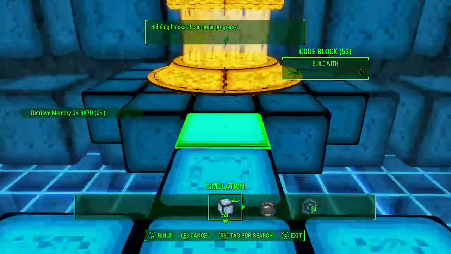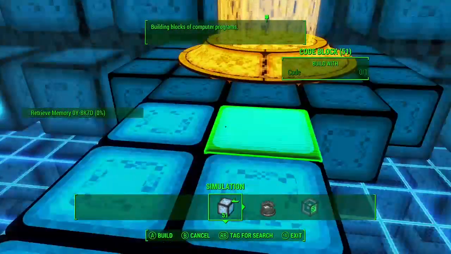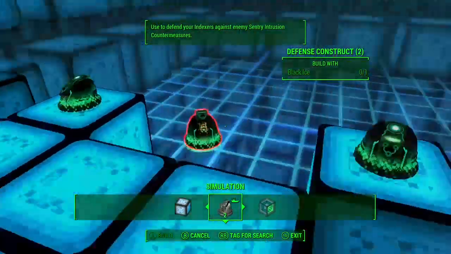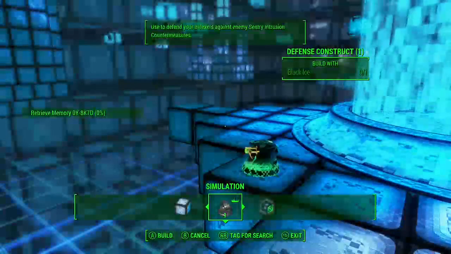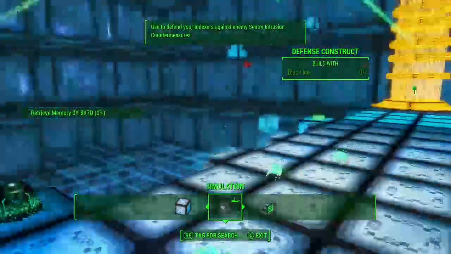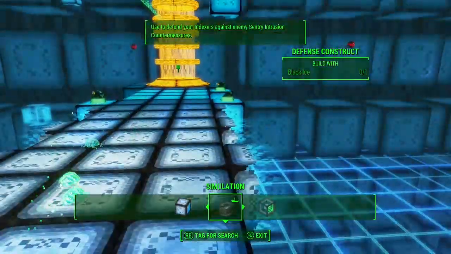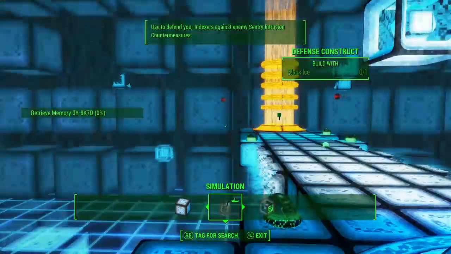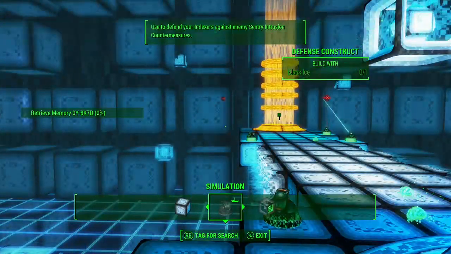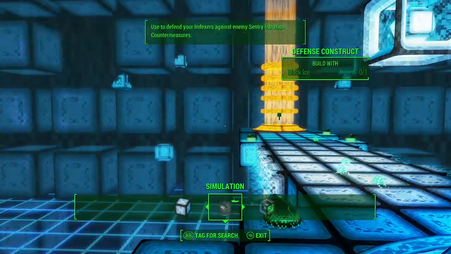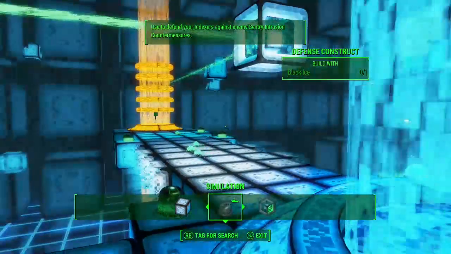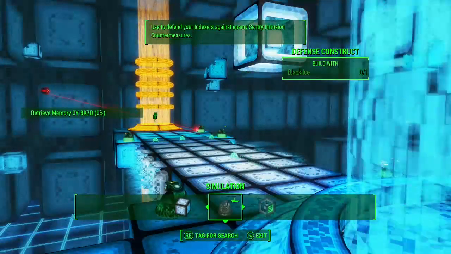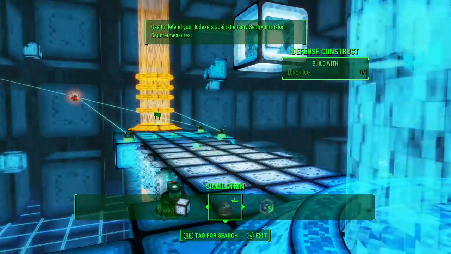Status update. Intrusive indexer erased from system. Unauthorized indexer erased. Sentry beginning erasure protocol against unauthorized indexer.